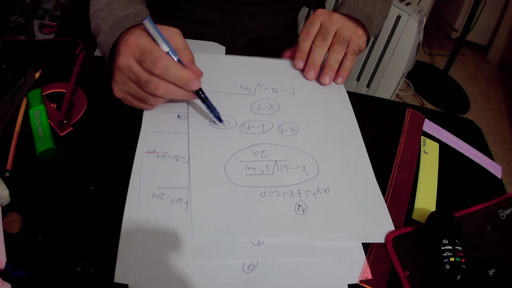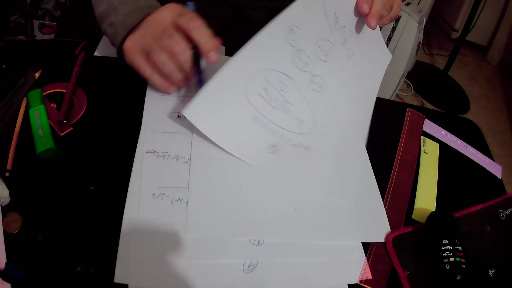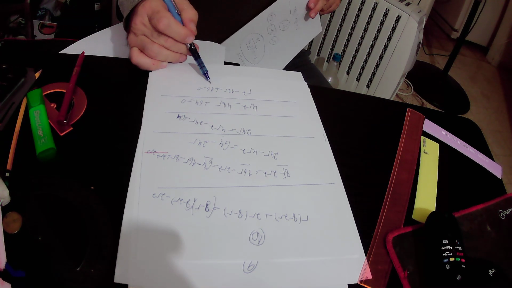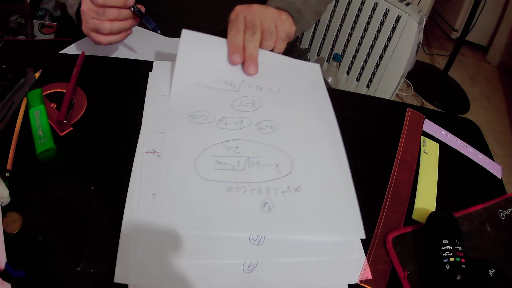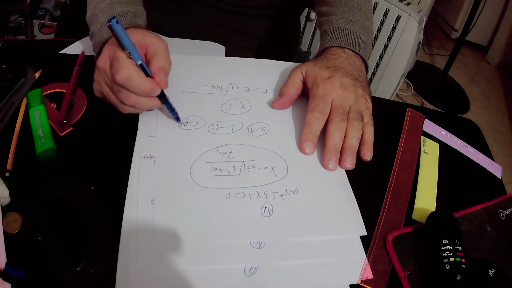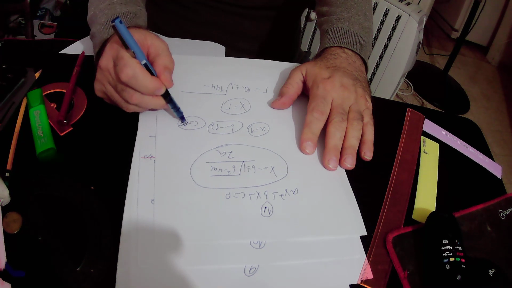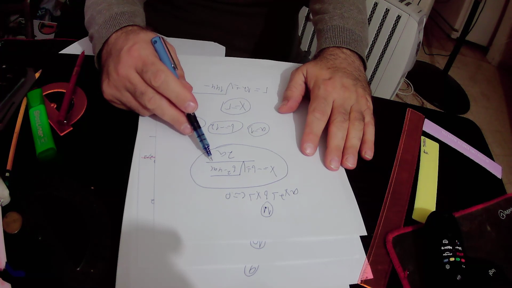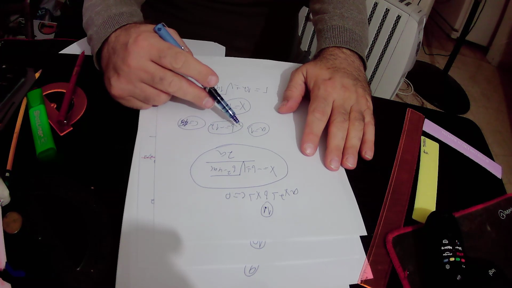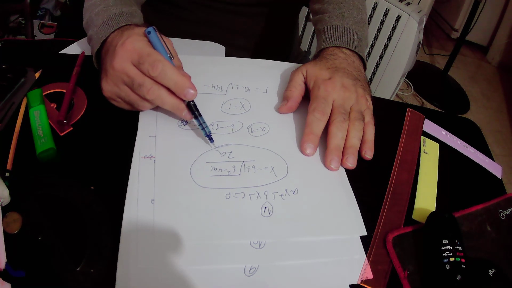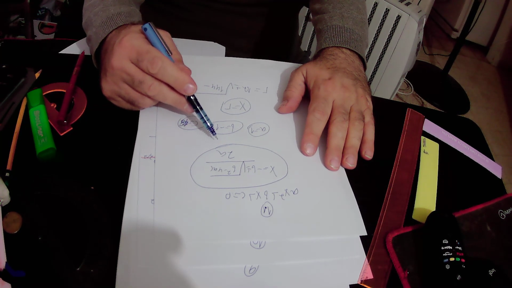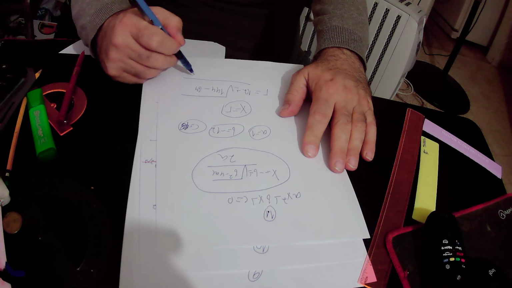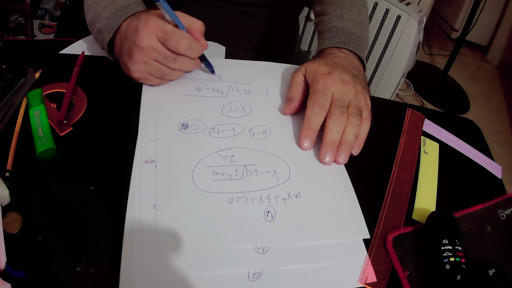C is actually 16, as you can see here in the quadratic equation. C is not 64, but 16. So it is 4 times a times c: minus 4 times 1 is minus 4, minus 4 times 16 is minus 64, over 2 times a. 2 times 1 is 2.